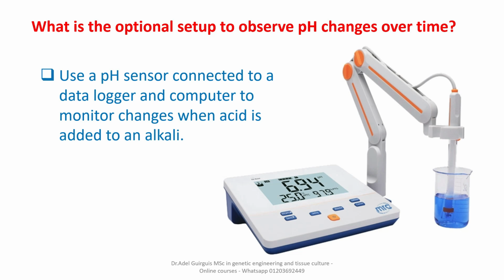Say we add two chemicals A and B together in a beaker, and the chemical reaction takes time to be completed, during which the pH changes over time. How can we detect this change? By using a pH sensor connected to a data logger and the computer to monitor changes when acid is added to an alkali or two chemicals are added together.